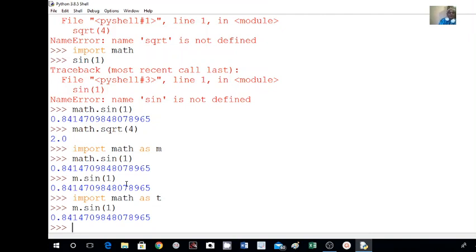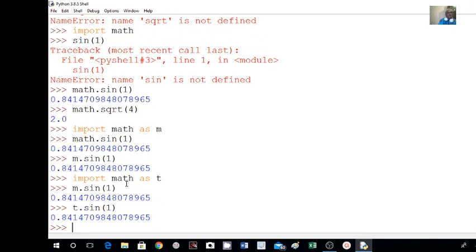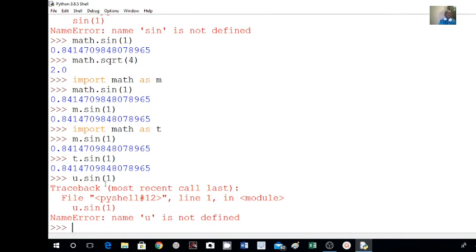Math t dot sine of 1, enter. This is also working. Instead of this t dot, if I give say u dot sine of 1, it is not working. So here I have imported math as t, therefore you can use t dot, and also we have imported math as m, so you can use m dot.